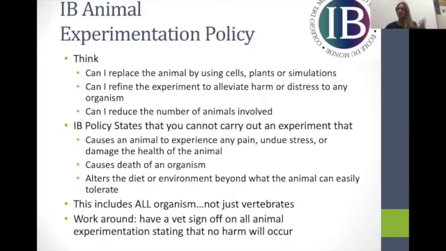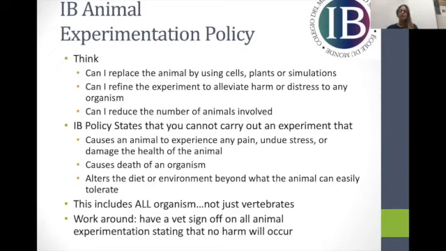So I can still use rats as long as I'm not going to push the rats outside of what they would normally experience. As long as if I'm going to do mark capture, recapture, that these animals aren't going to be harmed in any way in that process. And can I reduce the number of animals involved? So can I do kind of a sampling instead of an entire population?